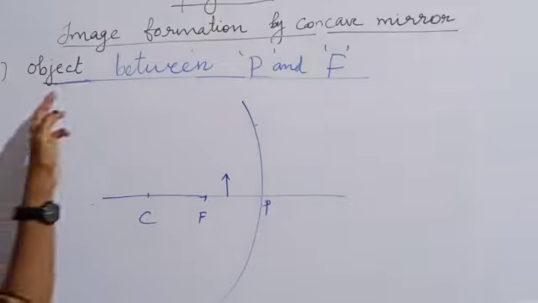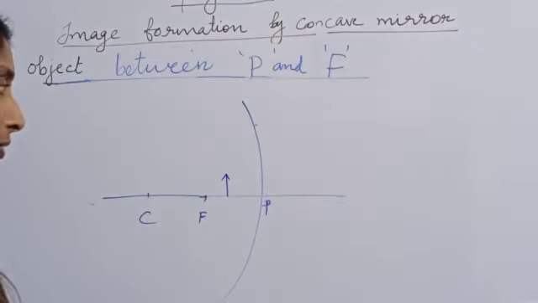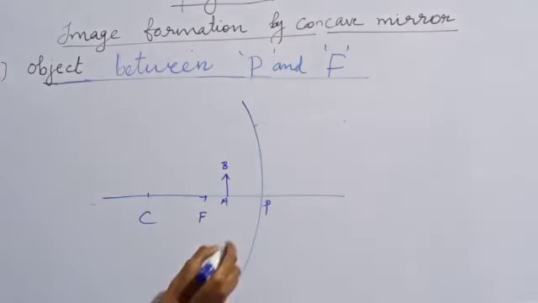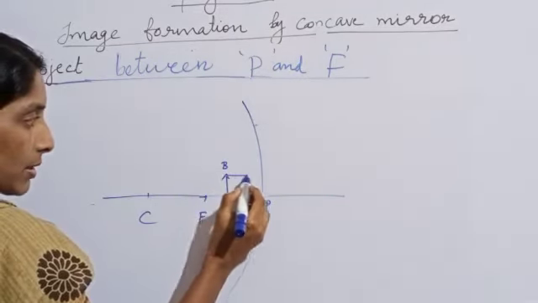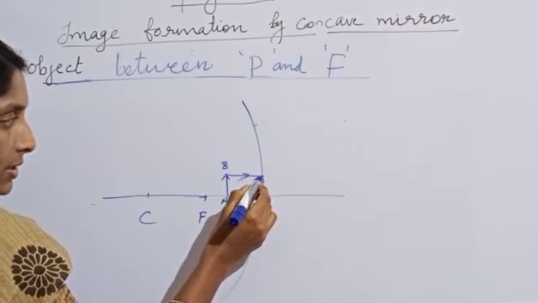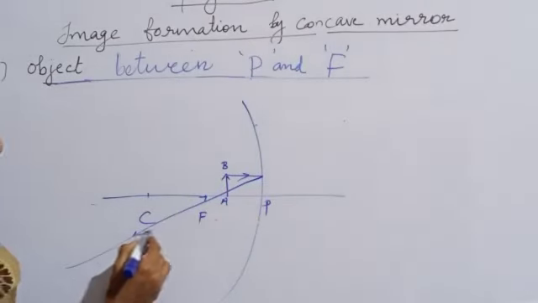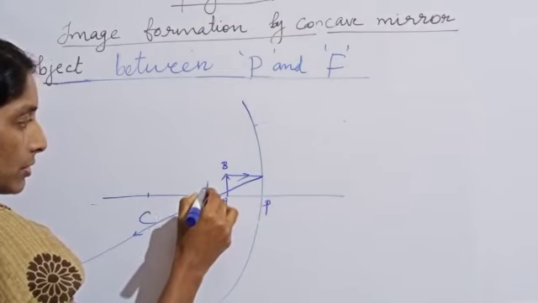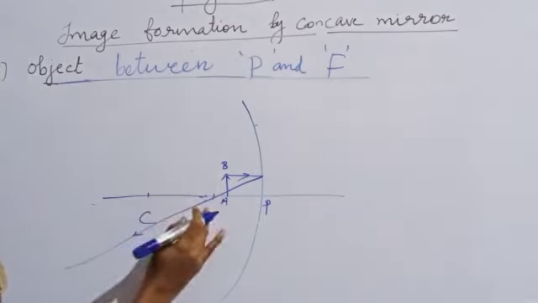Okay, next one, the object is between P and F. Here I have placed the object AB between P and F. First rule: a ray parallel to the principal axis, after reflection, passes through the principal focus, which is given here.